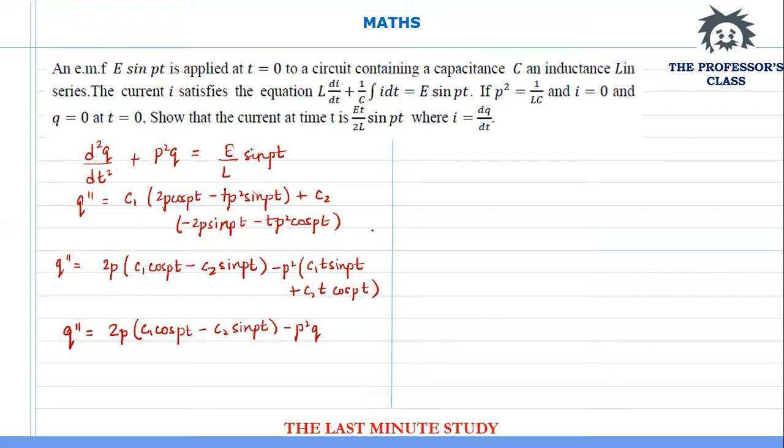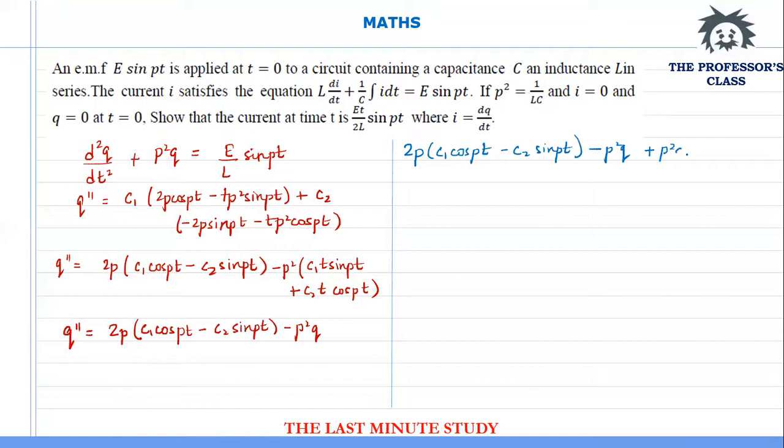Now let's substitute this equation in the differential equation, so that I get the final answer. In place of q double dash, I'll have 2p c1 cos pt minus c2 sin pt minus p square q. This is the value of q double dash.